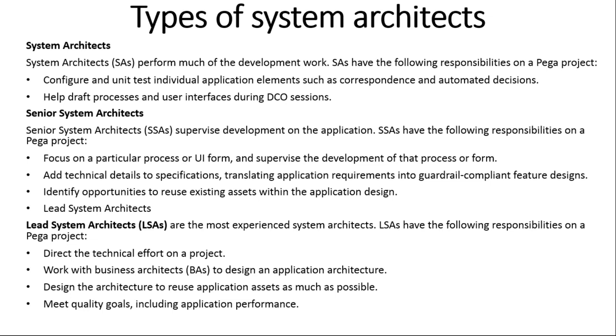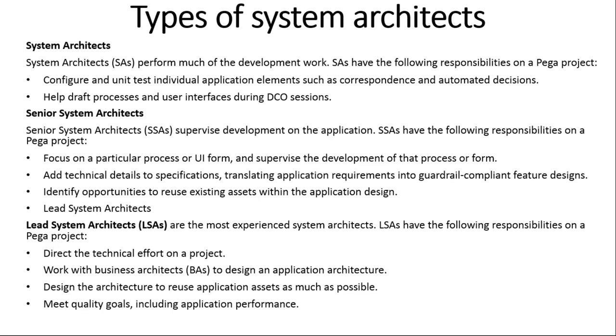And even once you have done the course, there are 3 certifications we will be doing, as I already told you. Certified System Architect is one kind of certification. Certified Senior System Architect is also one kind of certification. And again, based on your experience, we will also be writing the Lead System Architect certification.